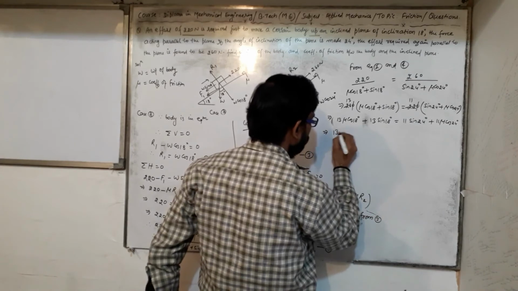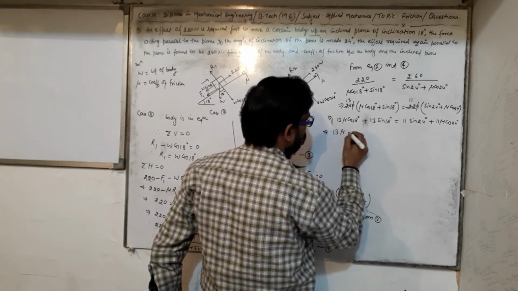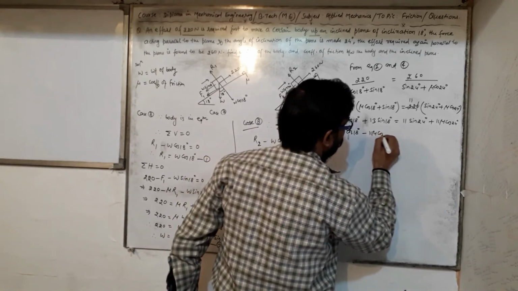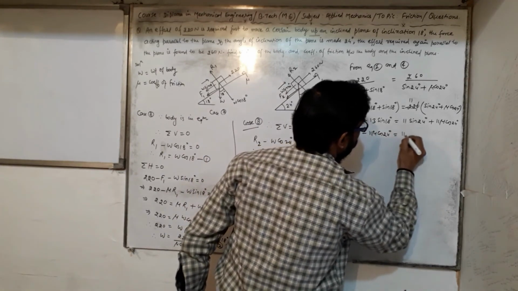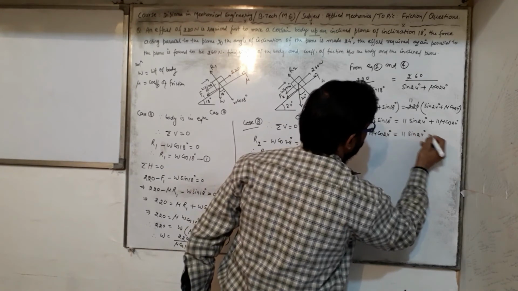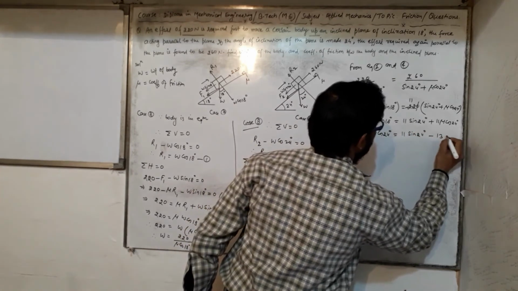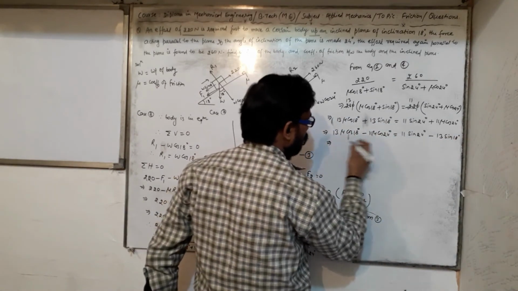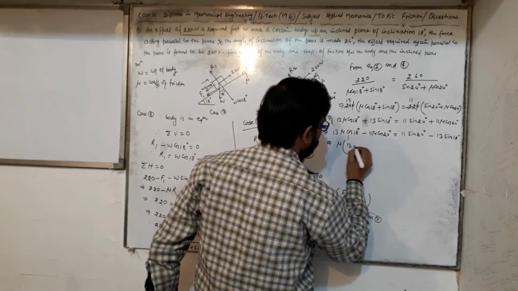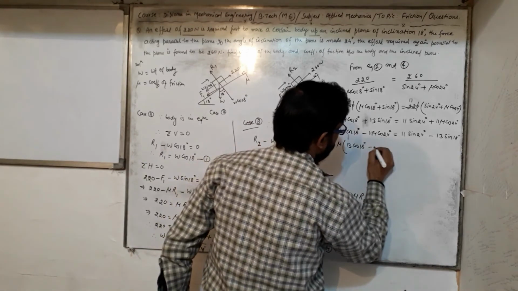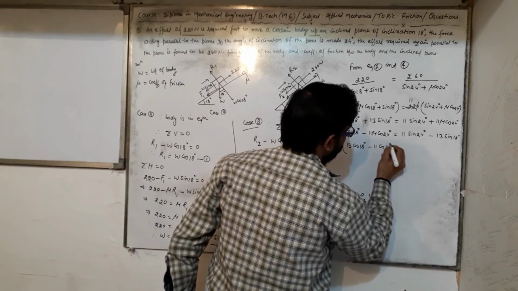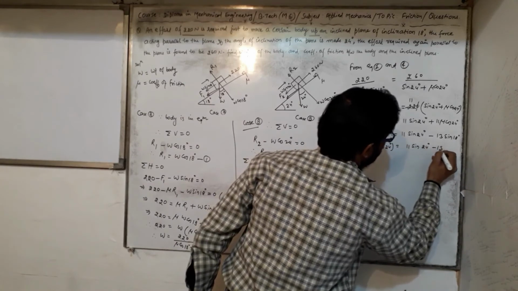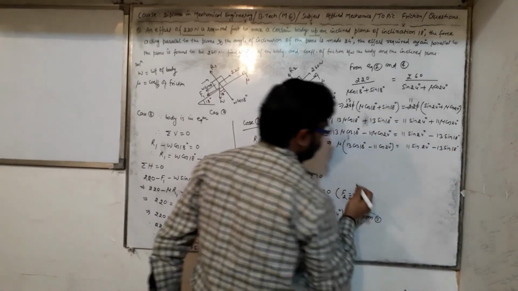So 13 mu cos 18 degree minus 11 mu cos 24 degree equals 11 sin 24 degree minus 13 sin 18 degree. Taking mu common, 13 cos 18 degree minus 11 cos 24 degree times mu equals 11 sin 24 degree minus 13 sin 18 degree.